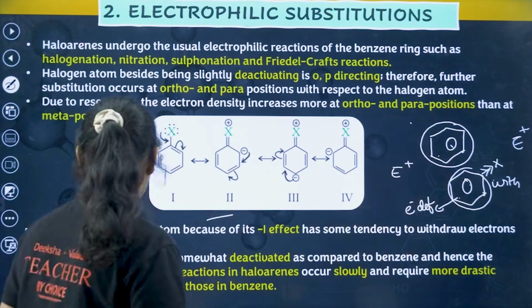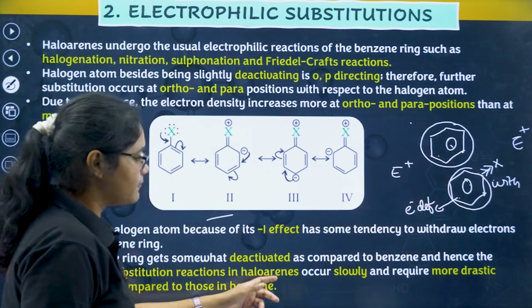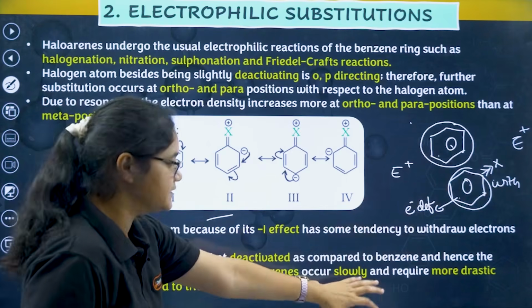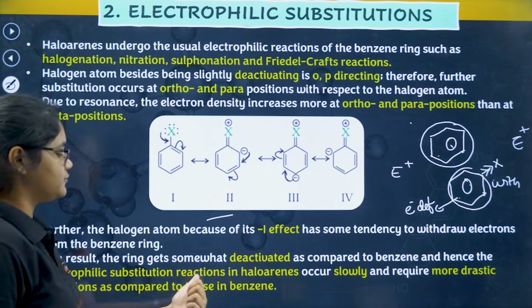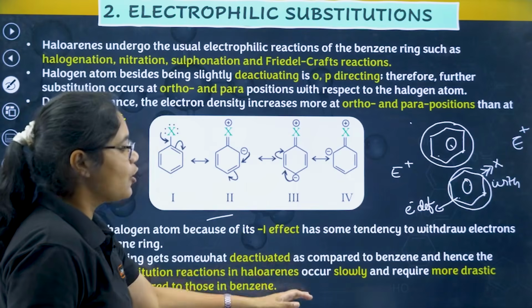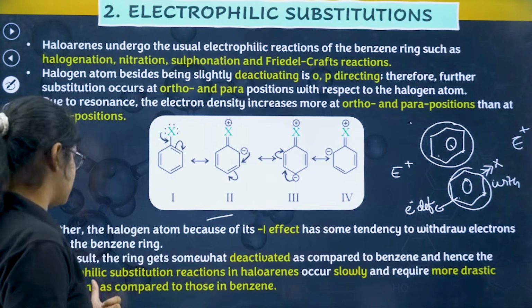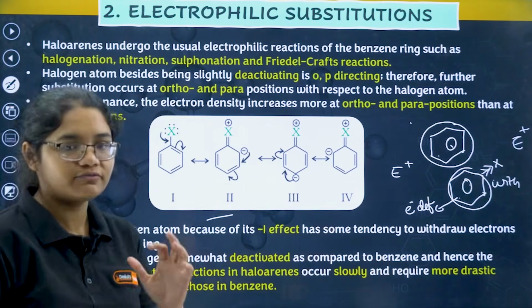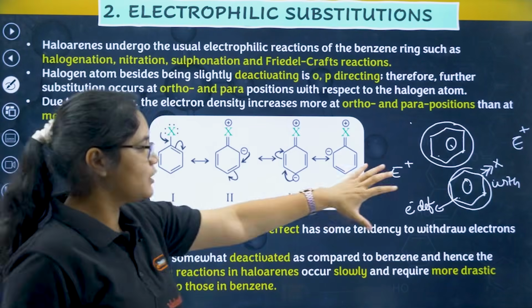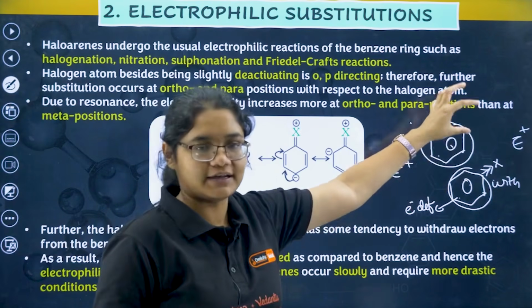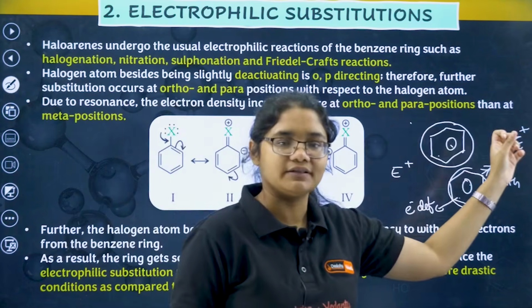Okay, so that is what I have told you. As a result, the ring gets somewhat deactivated as compared to benzene, and hence the electrophilic substitution reactions in haloarenes occur slowly and require more drastic conditions as compared to those of benzene. In benzene, it is electron rich, it can easily react with the electrophile.